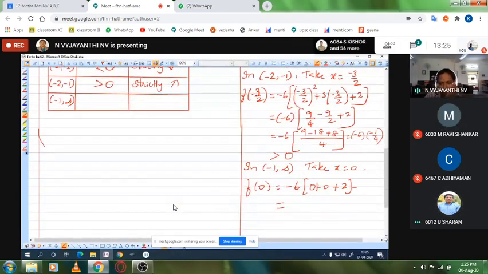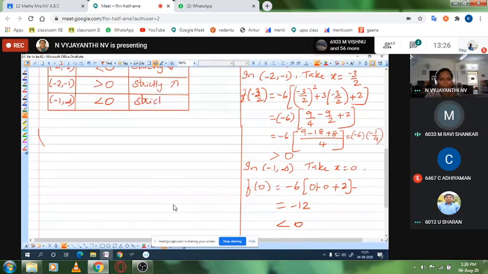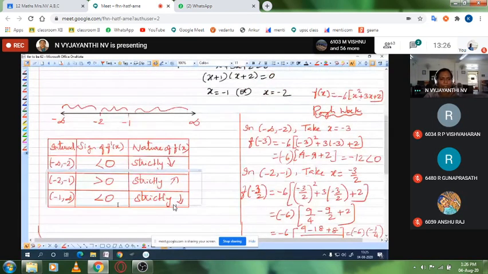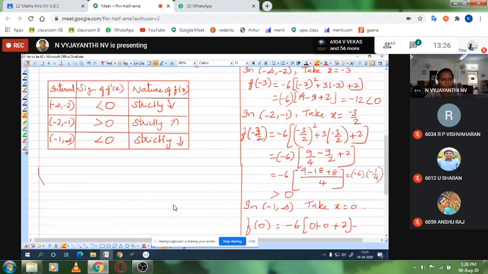So it is minus 12. It is less than 0. So less than 0 means strictly decreasing. Therefore, f of x is strictly decreasing.